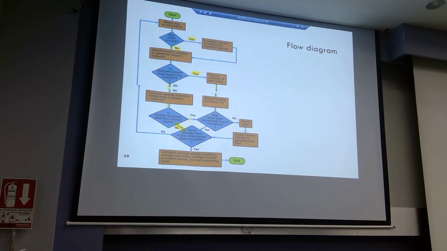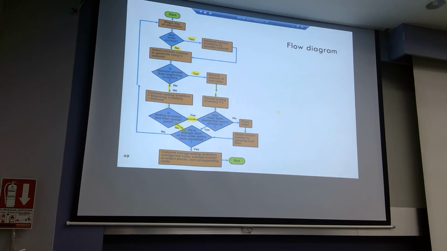If the inventory level is lower than the reorder point, before we decide to place the order, another thing that we have to check is that even though the inventory level is below the reorder point, have we ordered anything that hasn't arrived yet?